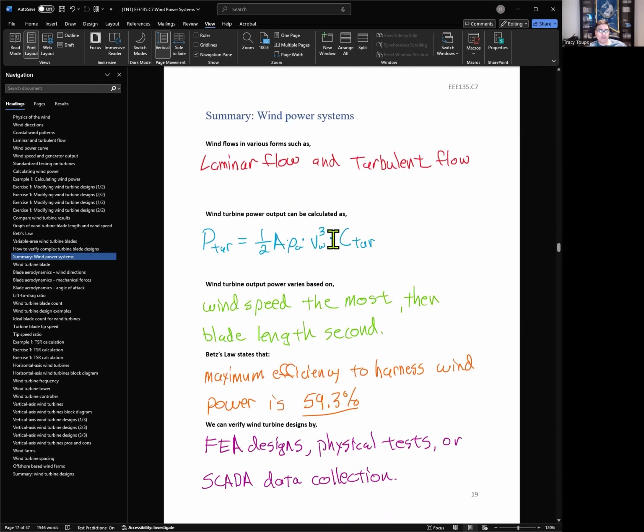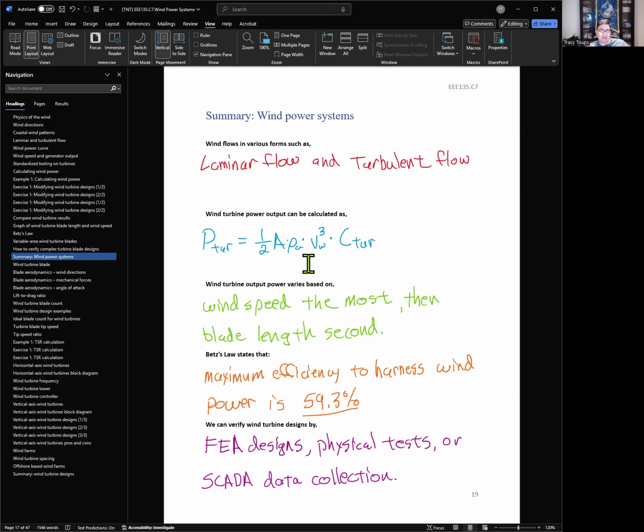So in summary, talking about wind power systems, we just scraped the very top of it. Okay. Wind flows in various forms. The ones we care about are laminar flow, which is smooth airflow, and turbulent airflow, which is all scattered everywhere. We want laminar flow because that's the best for our wind turbines. Okay.